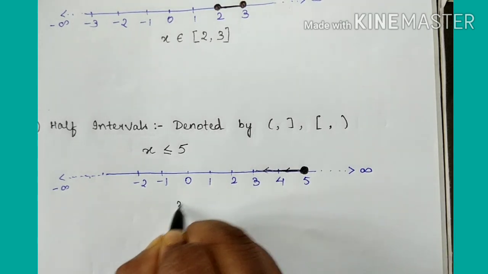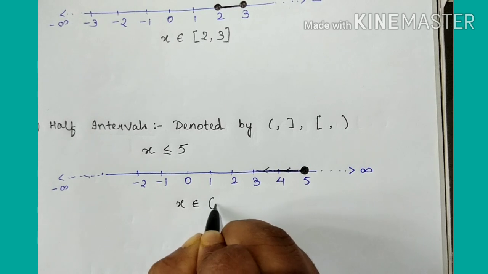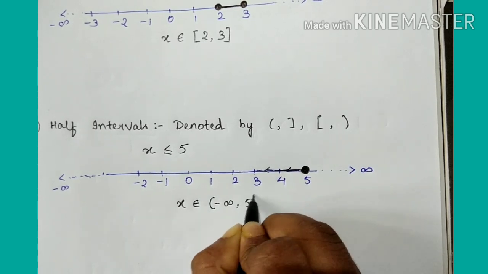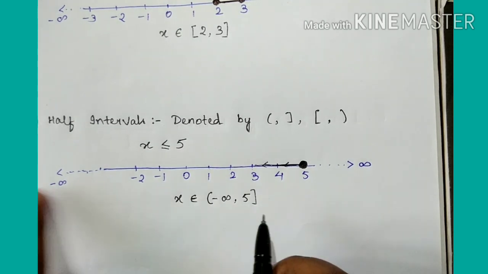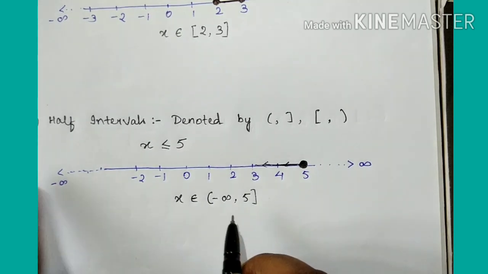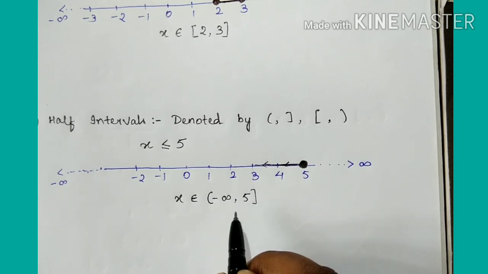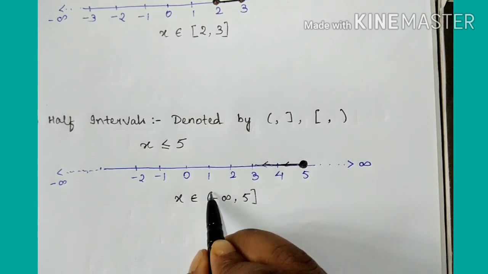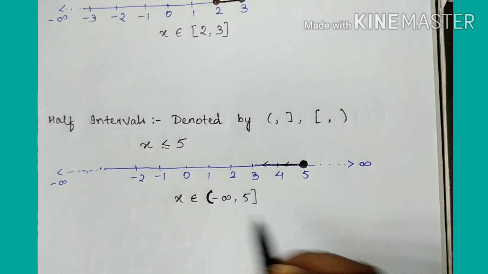We write it as x belongs to -∞, 5 closed. Note, here all the numbers less than 5, we don't know the limit. So we write here -∞. And I have already said that we always use open bracket with infinity because we don't know the value of infinity.